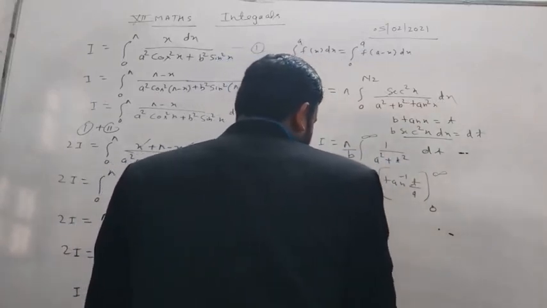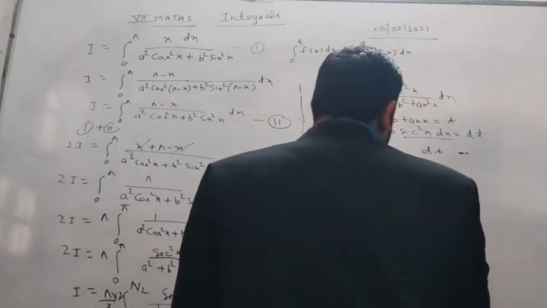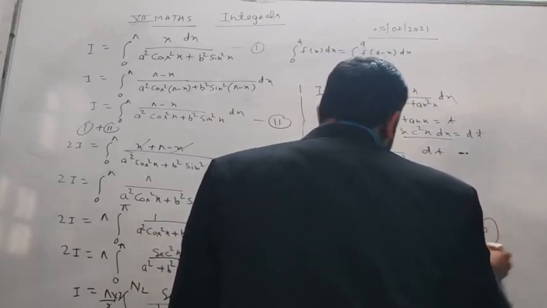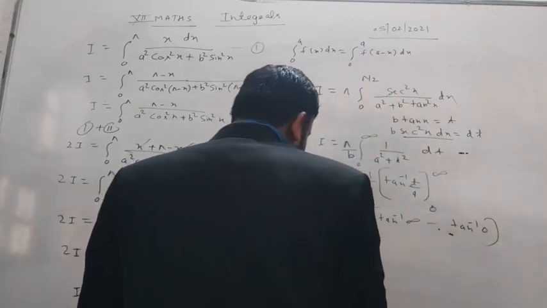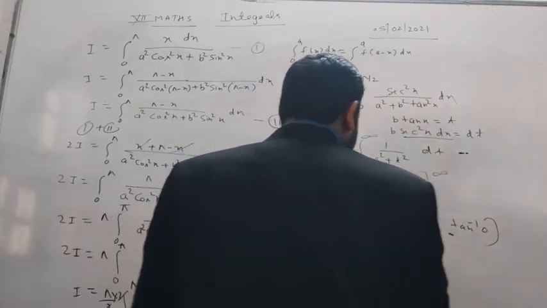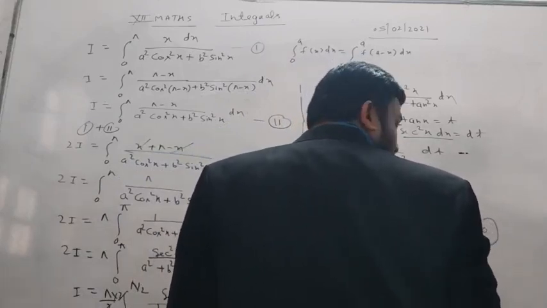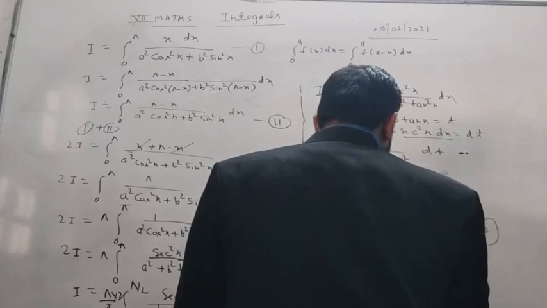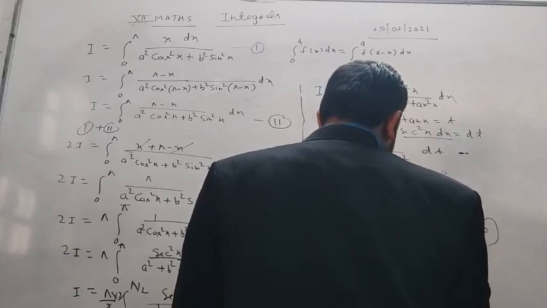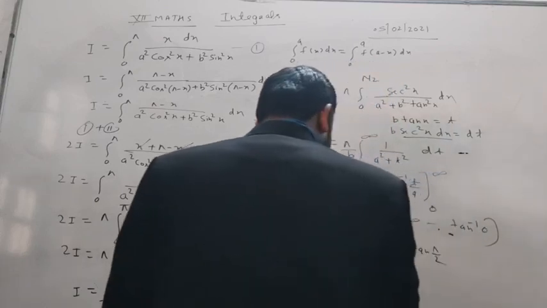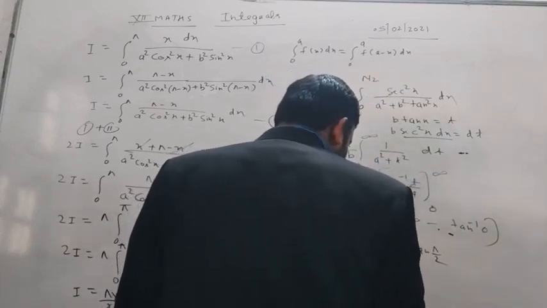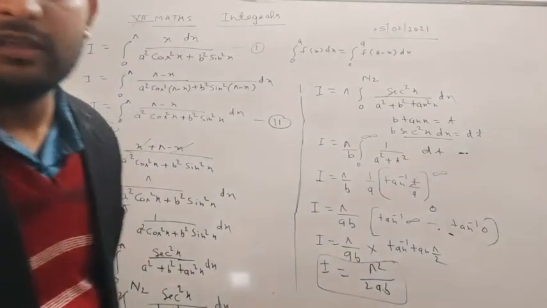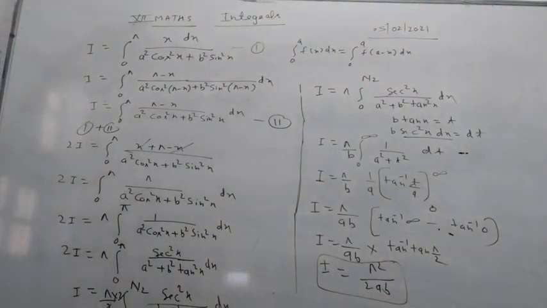So I is equal to pi by ab, and when we put tan inverse of infinity and tan inverse 0, we get pi by ab into tan inverse of infinity. So tan inverse tan pi by 2 is pi by 2, so students, this is pi square by 2ab. This will be our required result, which we had to find from the given question.